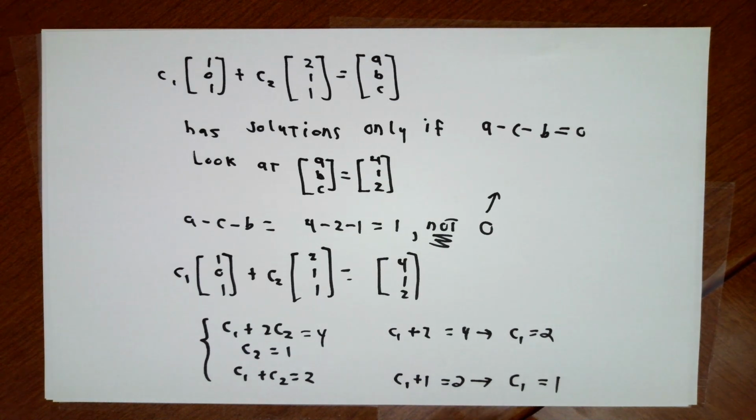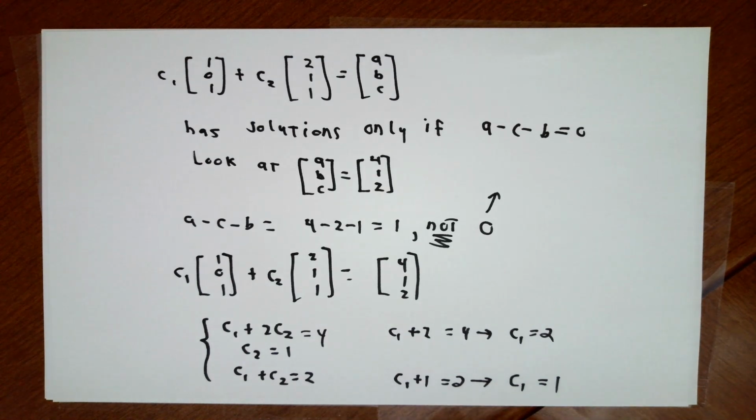For the vector 4, 1, 2 to be a linear combination of my two vectors, I must get the same value of c1 from both of those equations. The first one ends up telling me that c1 absolutely has to be 2 and nothing else. The last equation ends up telling me that c1 has to be 1.